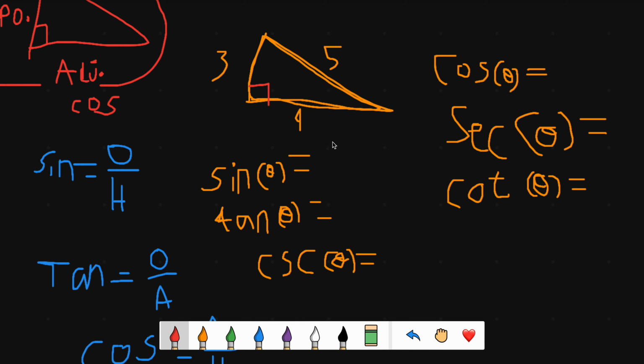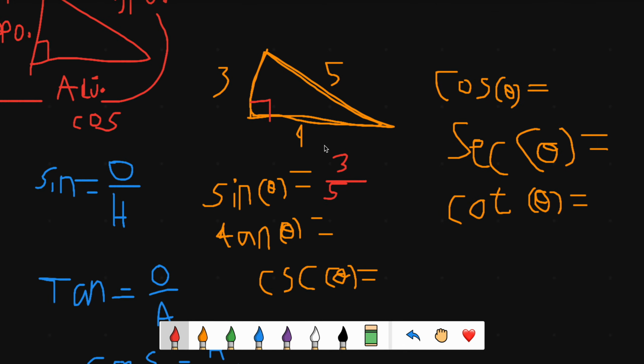Now let's find the tangent. Tangent is the opposite over adjacent. Remember, adjacent is always the horizontal side, and opposite is always the vertical. So it's 3/4, where 3 is the opposite and 4 is the adjacent.